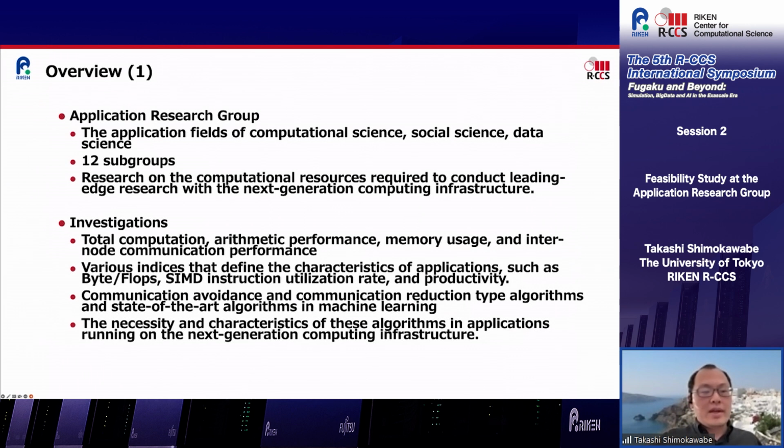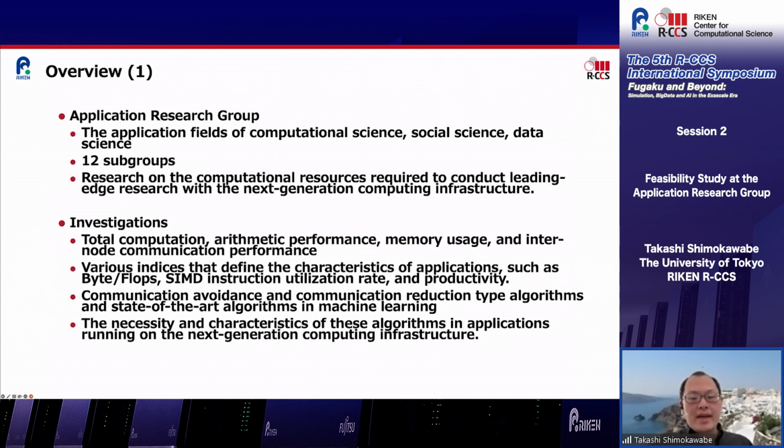So here is the overview of the application research group. The application research group consists of 12 subgroups. The subgroups comprising the application fields of computational science, social science, and data science will conduct research on the computational resources required to realize leading edge research results with the next generation computing infrastructure.